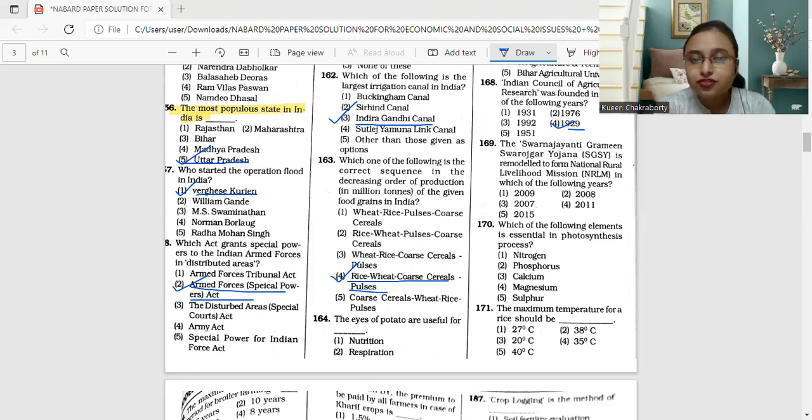It is focused on promoting self-employment and organization of the rural poor. The scheme was succeeded by Deen Dayal Antyodaya Yojana on 25th of September 2015. So the correct answer for this question is option number 4, which is 2011.